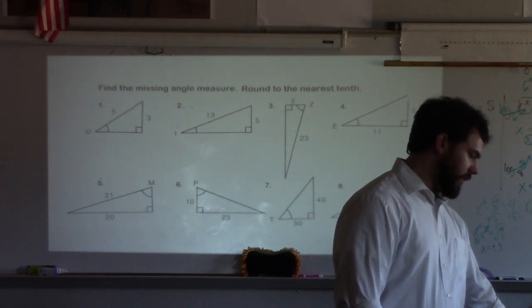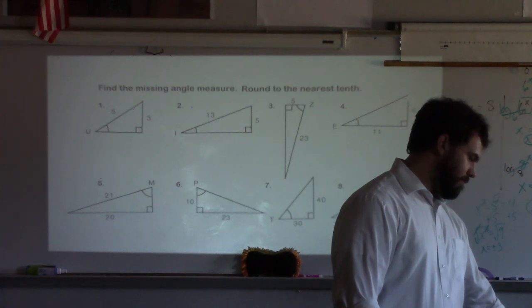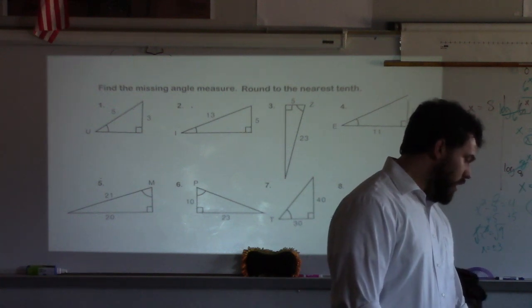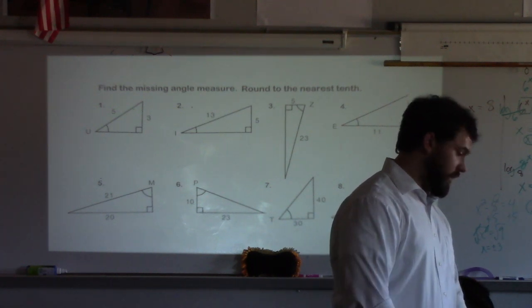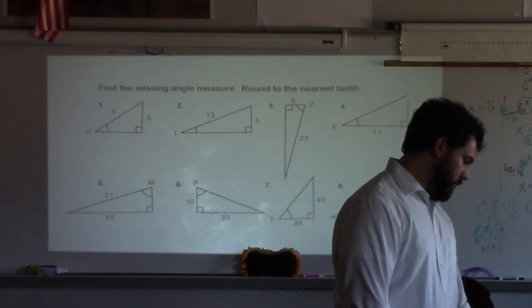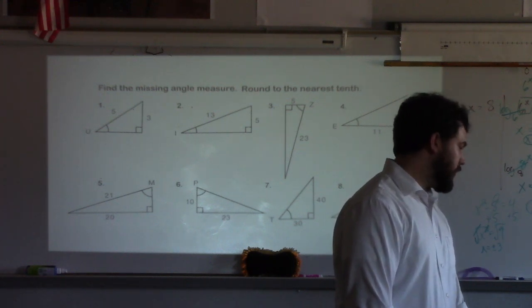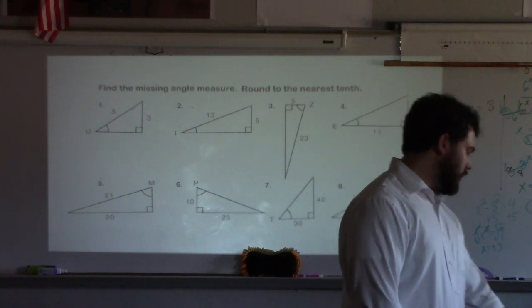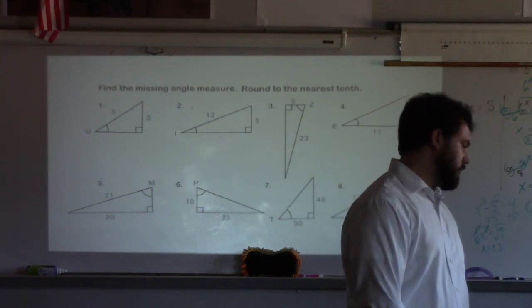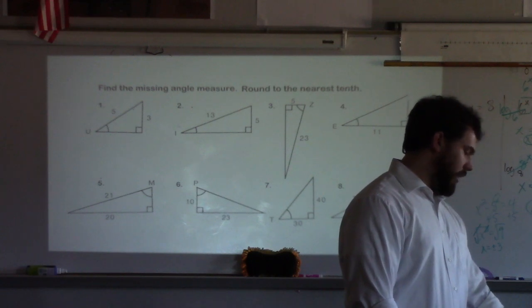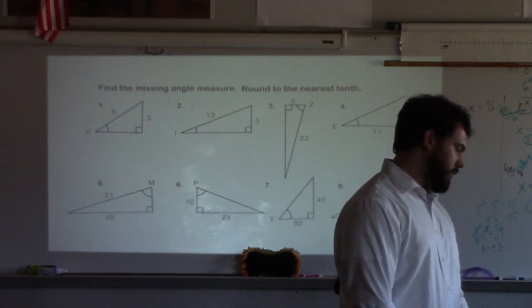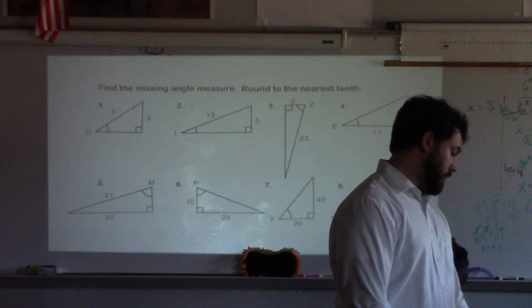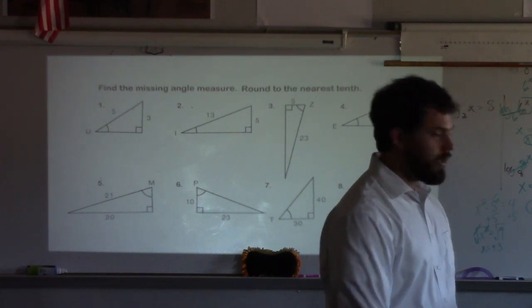What do you have in respect to that? You don't have any side lengths though too? Anybody know how we can use those side lengths? I'm asking, what do I have in respect to this angle? Oh, I have the opposite and hypotenuse? So what could I use? Sine. It's 12. Write an equation using sine in those side lengths.